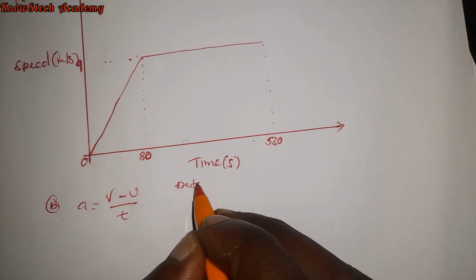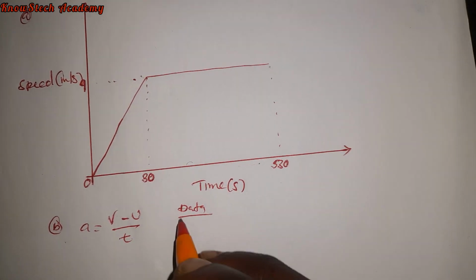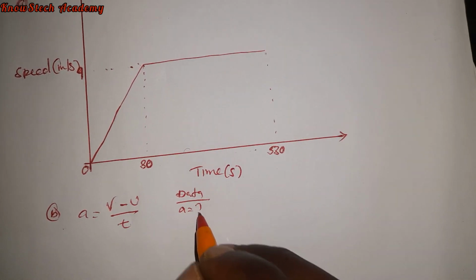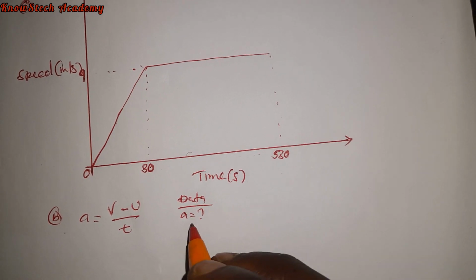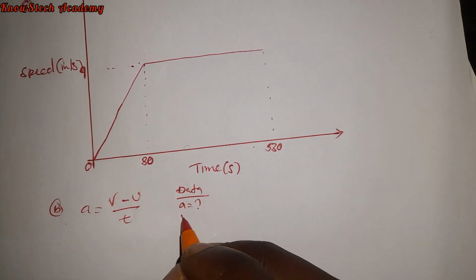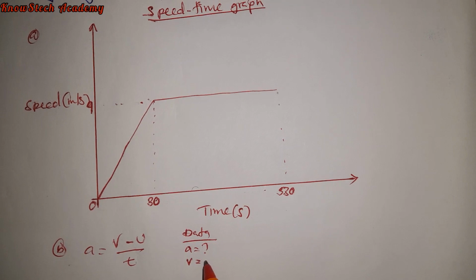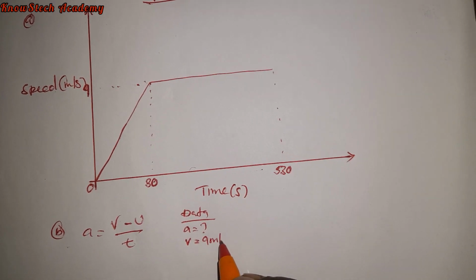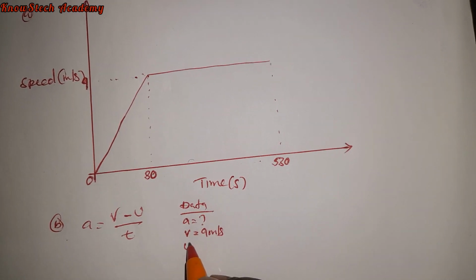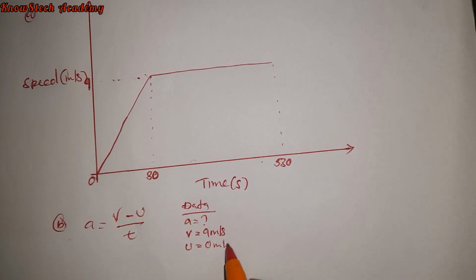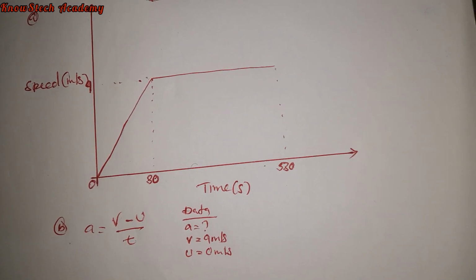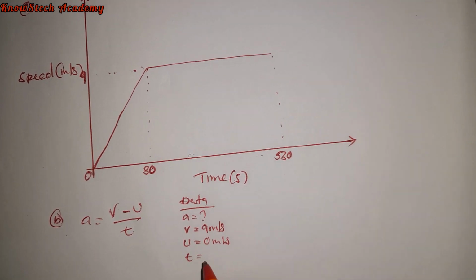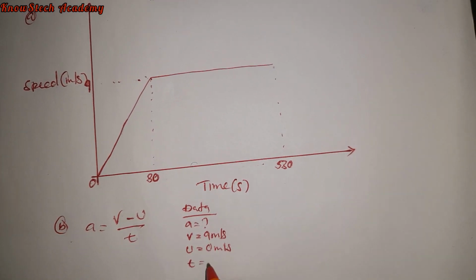Do we have acceleration? No, it's the one we're asked to find. Final velocity? Yes, it's 9 meters per second. Initial velocity? Yes, it's 0 meters per second. Time taken? Yes, from 0 to 30 is 30 seconds.